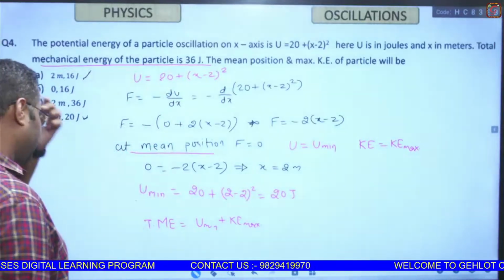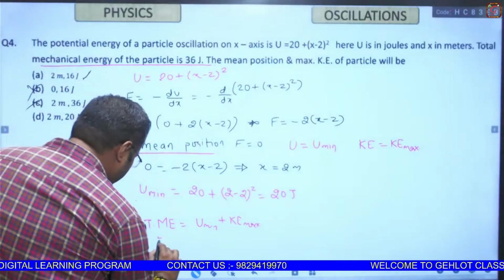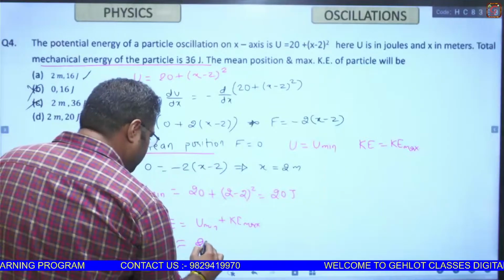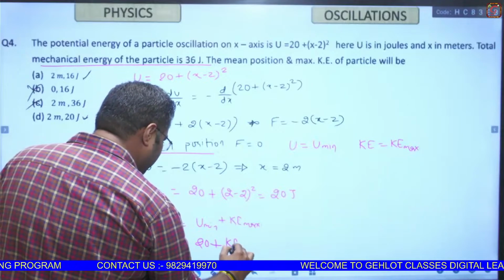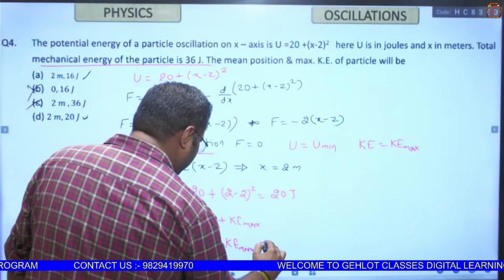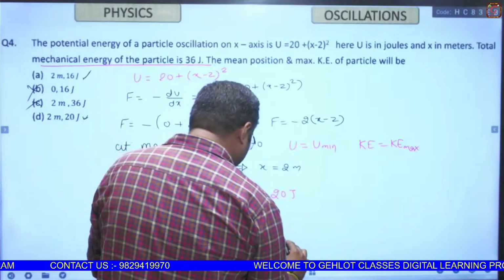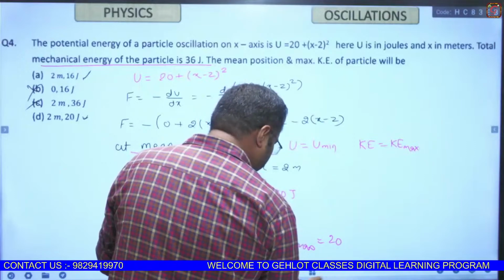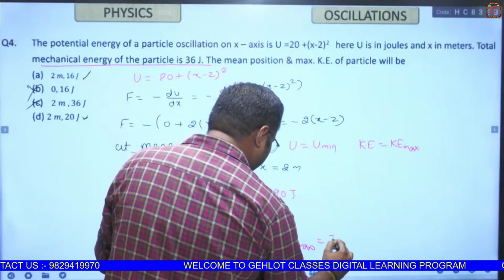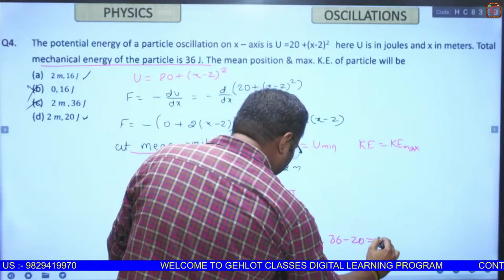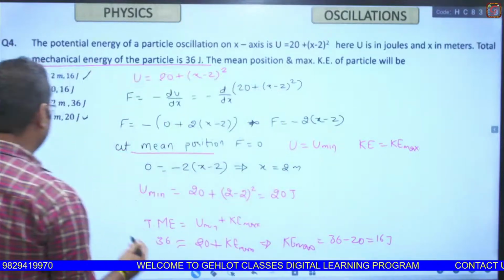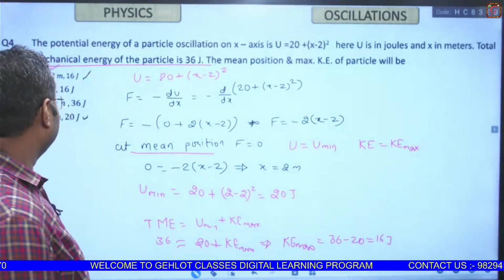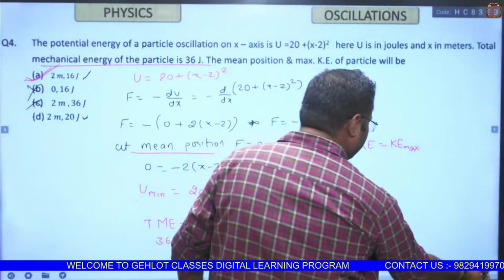Substituting the values, 36 equals U minimum, which is 20 joule, plus kinetic energy maximum. So kinetic energy maximum can be 36 minus 20. So the answer will be 16 joule. So 2 meter and 16 joule, option A, will be correct.